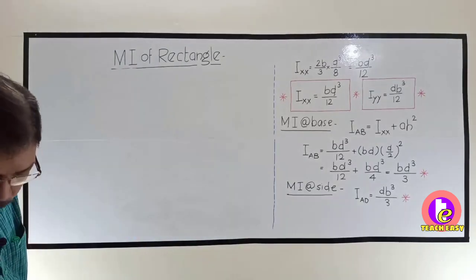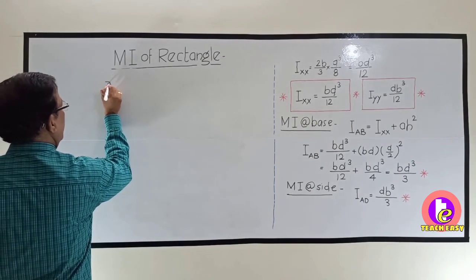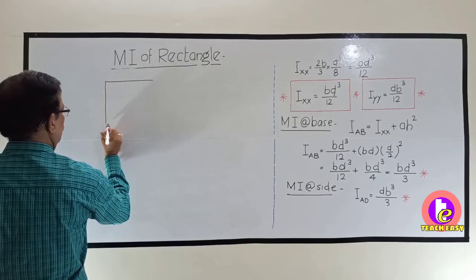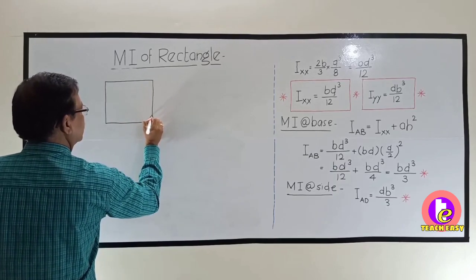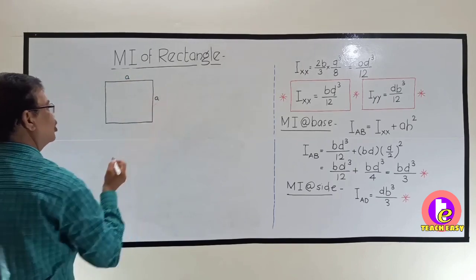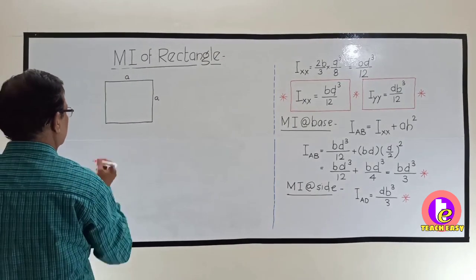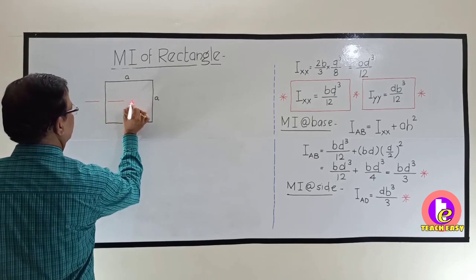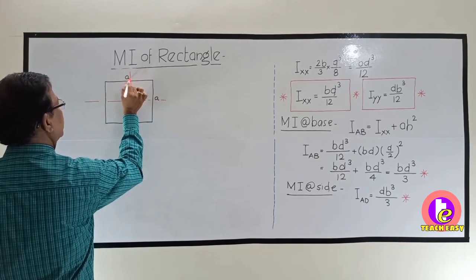So for a square figure whose side is A, so this is also A. So here this will be horizontal axis of centroid, this will be vertical axis of centroid.